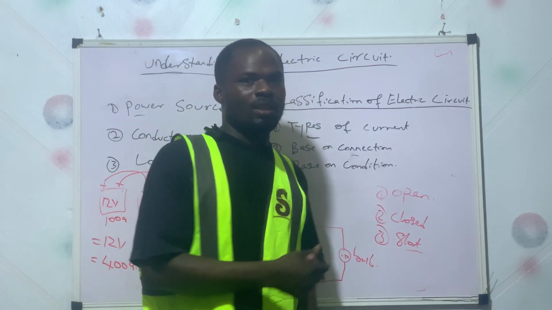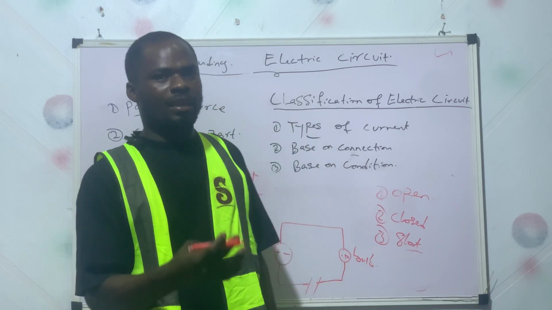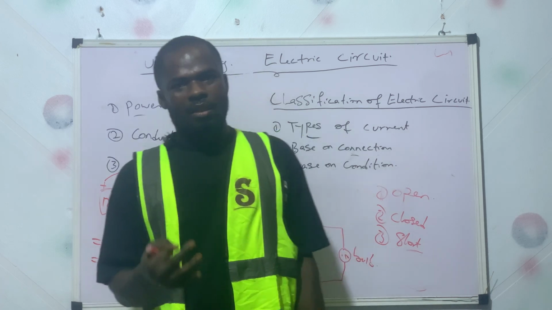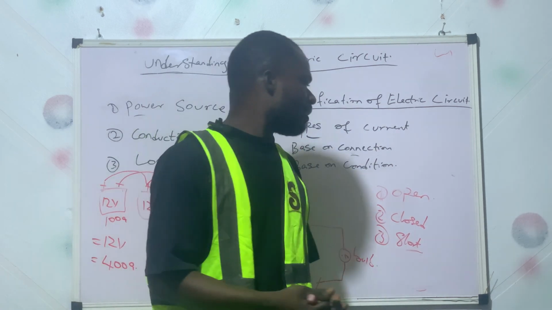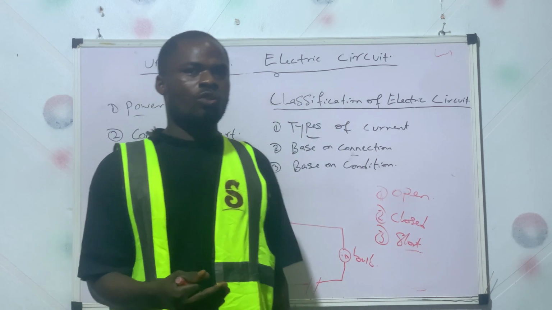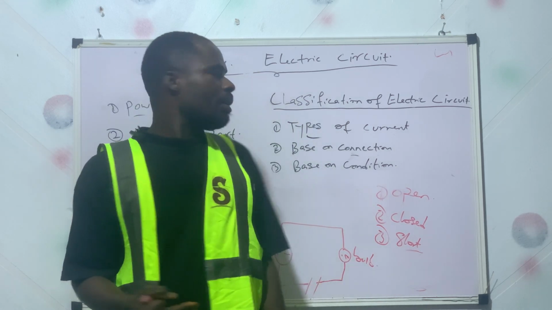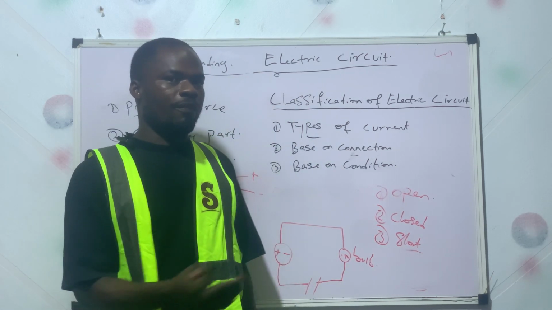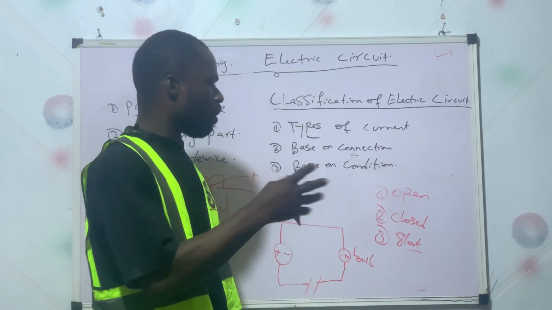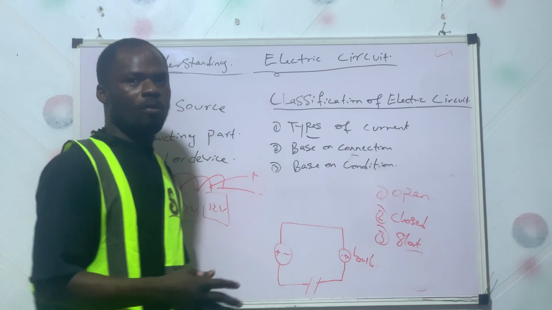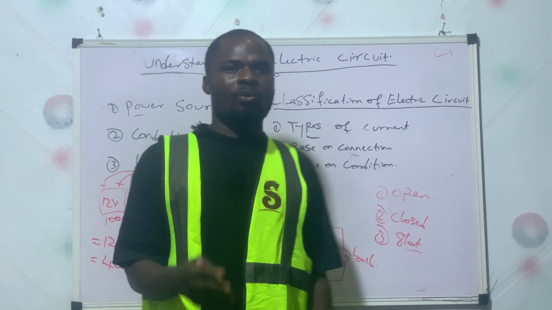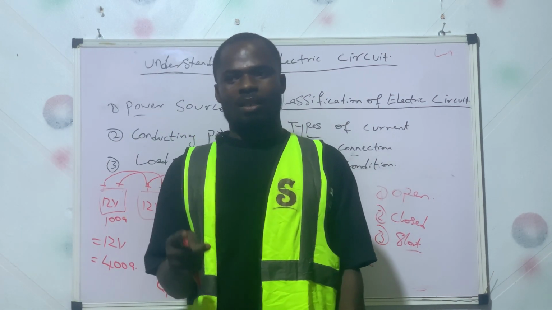When we are done with this class, you'll be able to design a simple circuit, understand your electrical protective devices, understand how to size your cables and how to distribute your load effectively in the distribution box, and how to put all of this together to come up with a good and perfect installation. Thank you, and see you in our next class.